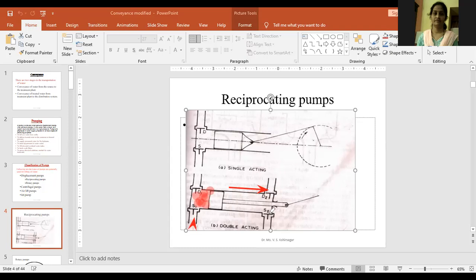It is collecting water in this chamber. When it is moving back, at that time this valve is down, and the water moves through this direction.